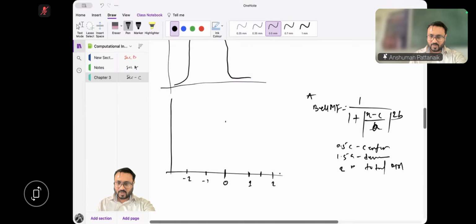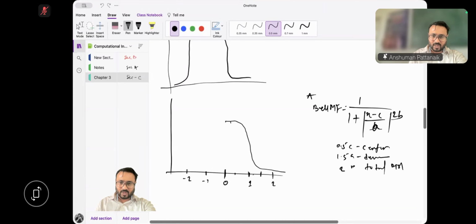So this graph will go something up to this, and similarly from 0, sorry, not from 0. Your center is 0.5. So this is 0.5. This will come up to this, then will go in the same direction 1.5.